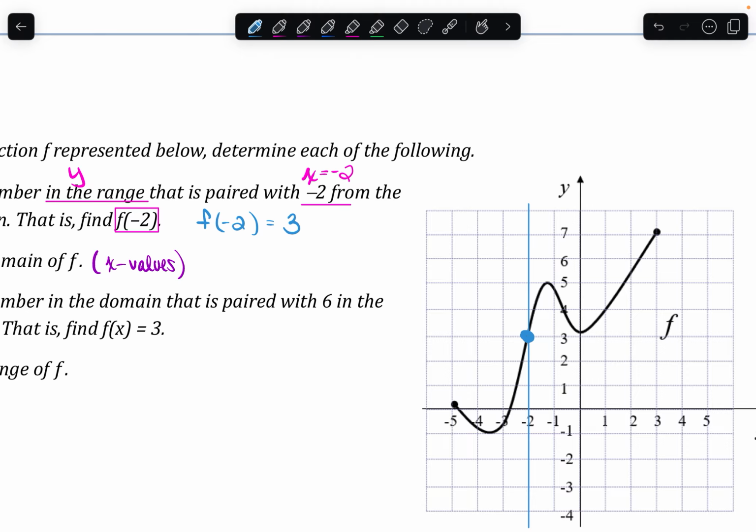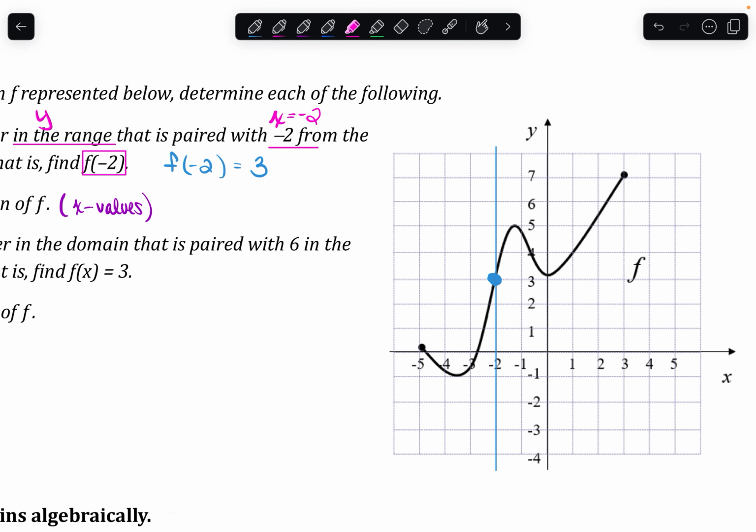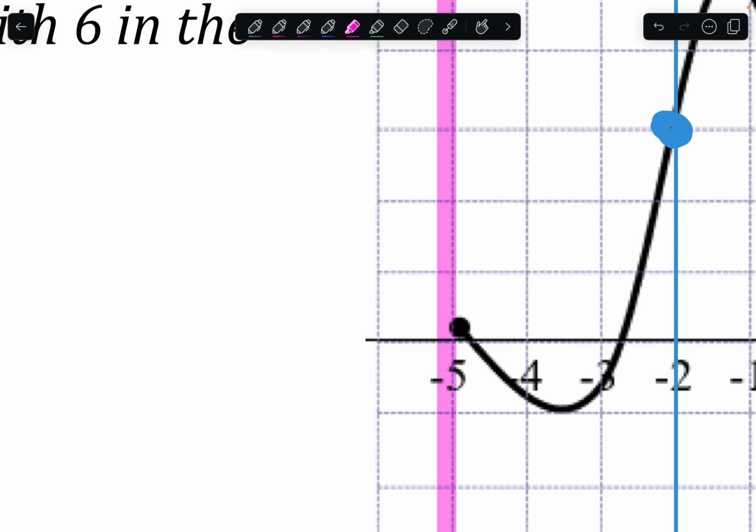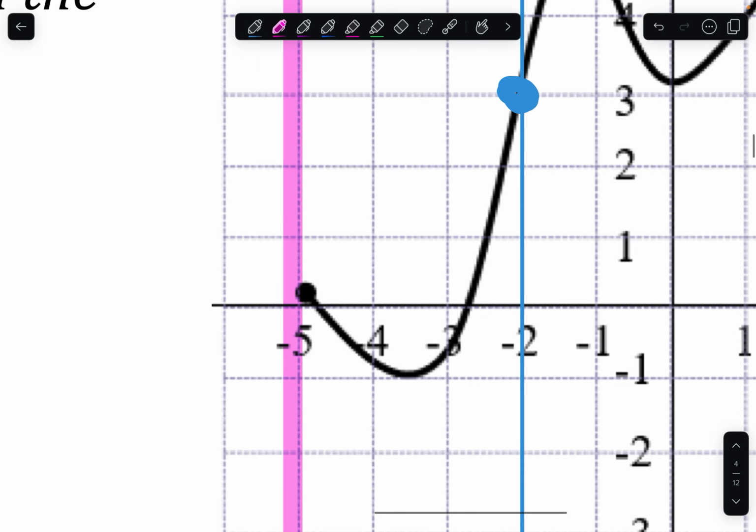What I need to do is I need to locate the smallest x value and the largest x value my graph hits. So x-axis runs left and right. So if I go to the leftmost end of my graph, we hit -5. That closed circle means it's included. So we hit x equals -5. Do this one in pink.